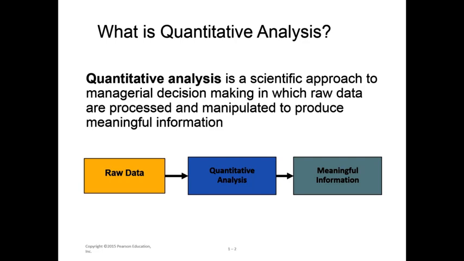You actually have to do something with the data in order to make it usable. So you have raw data out there, and then that raw data helps to lead you to some sort of quantitative analysis about the data. And then once you've analyzed the data, it can give you the information that you need in order to be able to make a better decision.